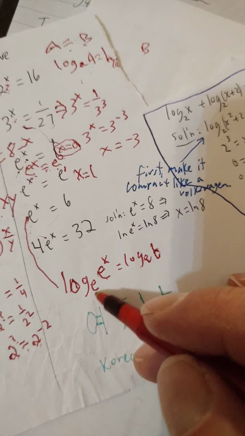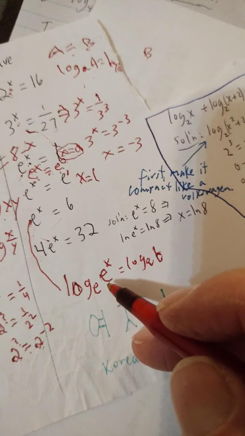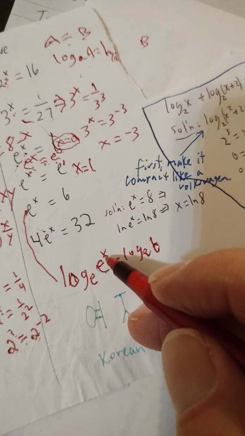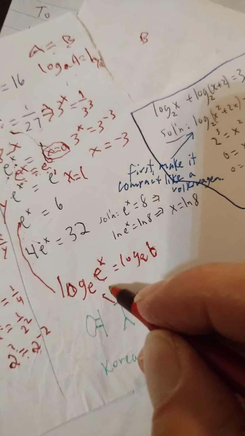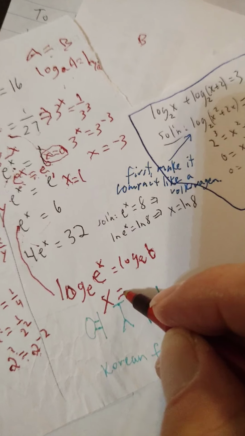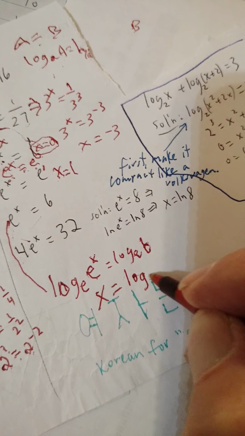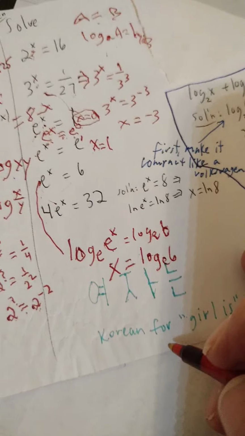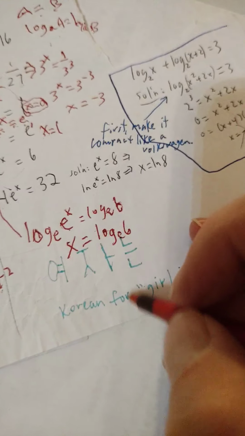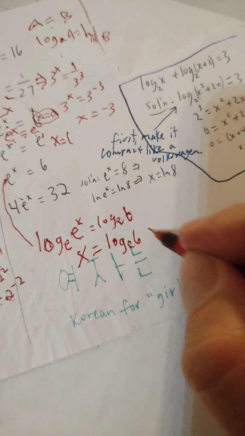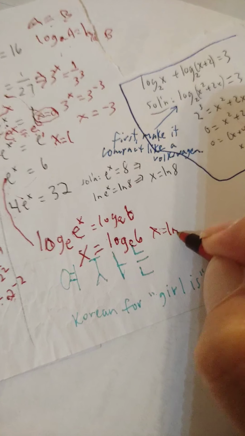The bases are the same, e and e. So when you compose inverse functions, the initial input, which is the exponent, equals the final output. So that just becomes x equals log base e of 6. And that's the answer. Just like that. Or I could write it as x equals ln of 6. Same thing, right?